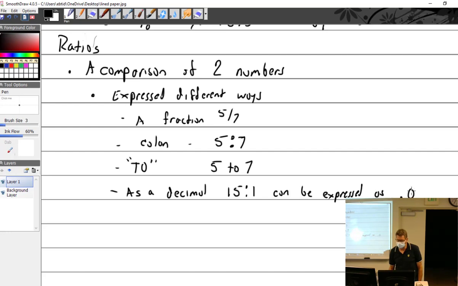As a decimal, 15 to 1 can be expressed as 0.067. It is basically 1 divided by 15 equals 0.067. I have a harder time with that visually in my mind than seeing it the other way.